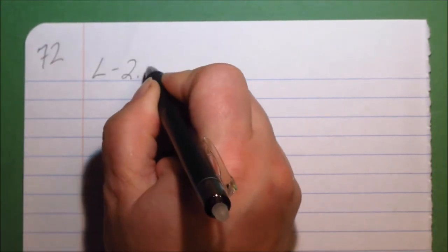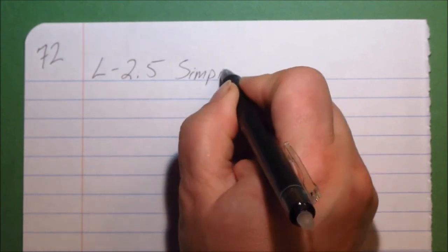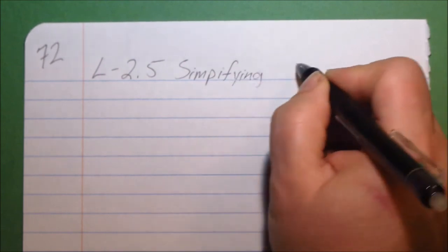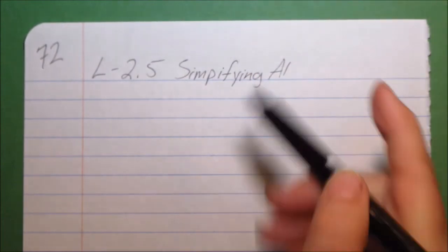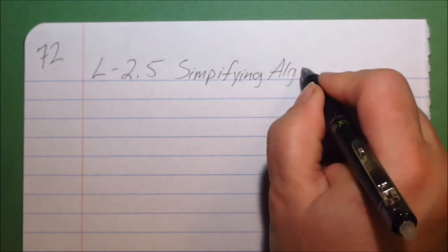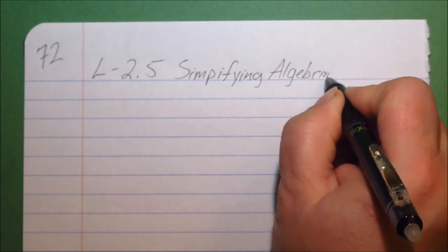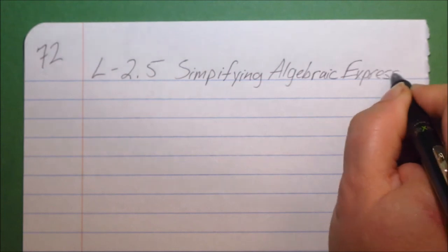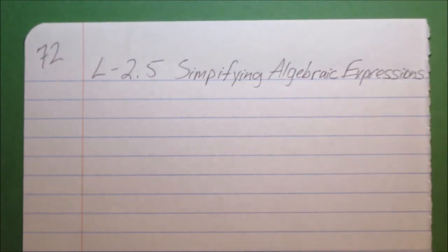Lesson 2.5 is titled Simplifying Algebraic Expressions. Simplifying algebraic expressions, otherwise known as combining like terms.